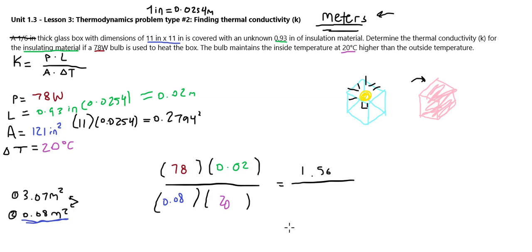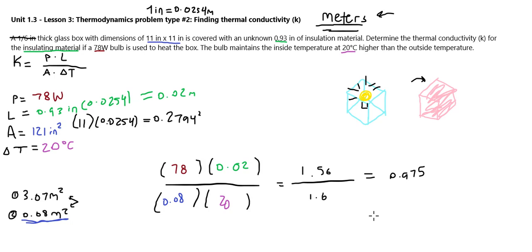Then 0.08 times 20 is 1.6. Then we do 1.56 divided by 1.6, and we get 0.975 as our answer. And you might be tempted to think that's incorrect because it's small, but usually thermal conductivity is a small number.